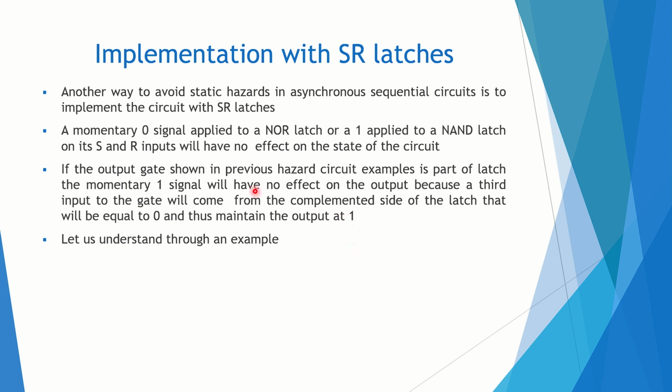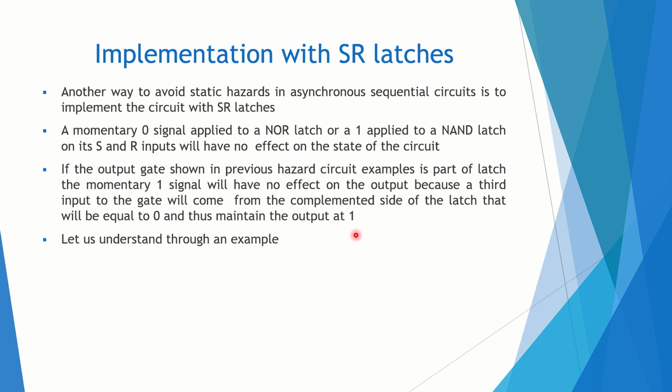Suppose we are feeding a momentary 1 signal to the NAND latch, then the complemented output, Q bar, is coming to the third input of this gate, and that will be equal to 0 and thus maintain the output at 1.